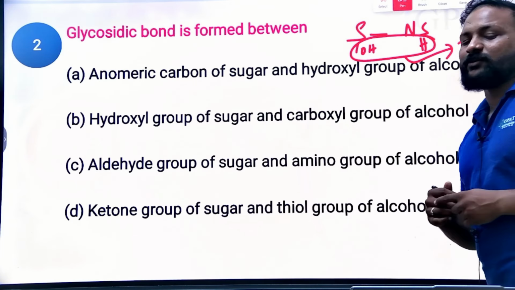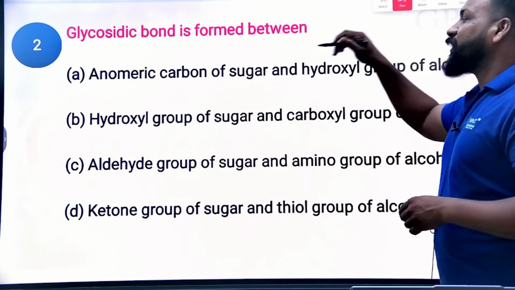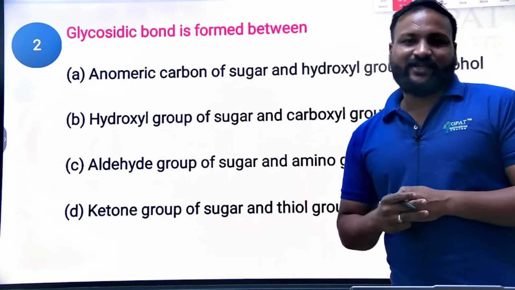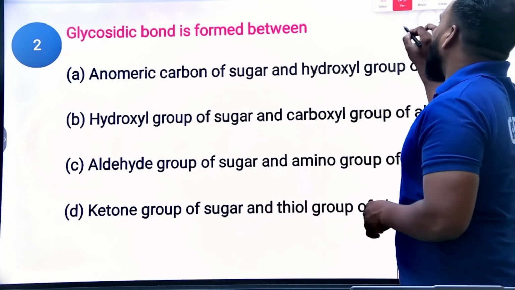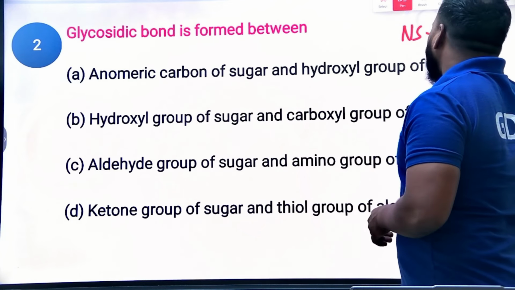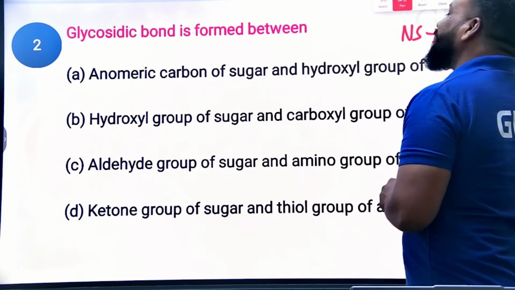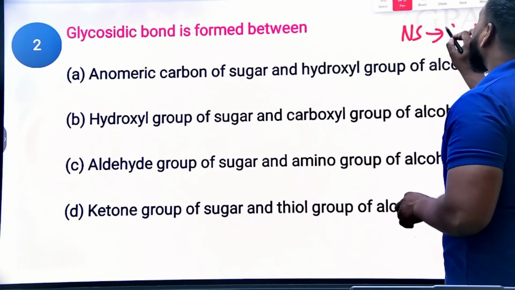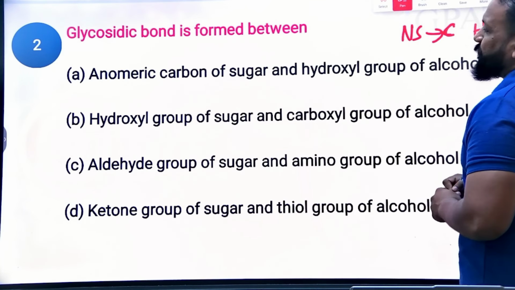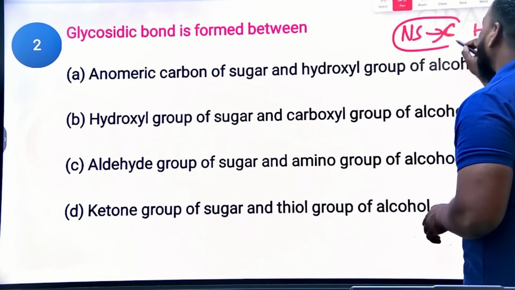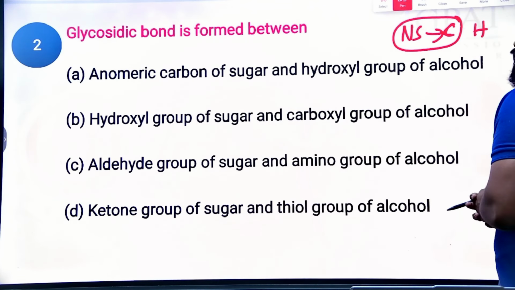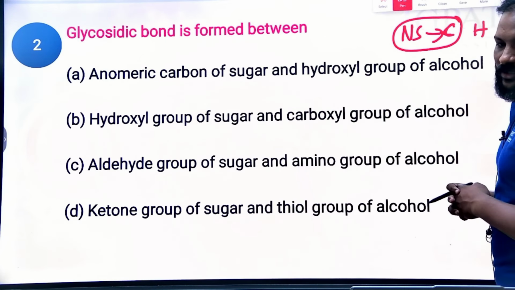This is the basic phenomenon. But in detail, they are asking in which carbon this happens. Obviously, in the non-sugar moiety, the hydrogen should be taken. That cyclic carbon in the sugar moiety is known as the anomeric carbon of the sugar. Is it clear, dear students?